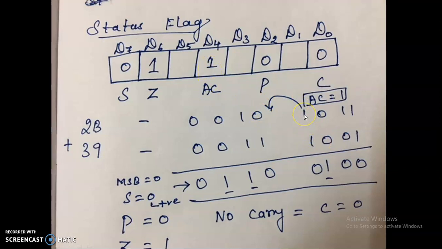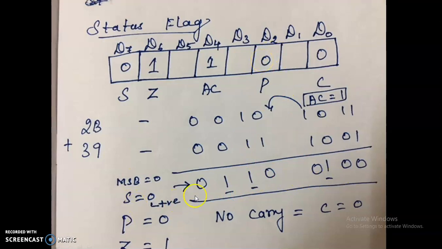If there is a carry from the third bit to the fourth bit, the auxiliary carry is present here. So the AC is set to 1. Okay, and then the parity flag. Parity flag means if an odd number of ones occur, the parity flag is set to 0. So in this output, there are 3 ones, so the parity flag is set to 0. If there is an even number of ones, the parity flag is set to 1.